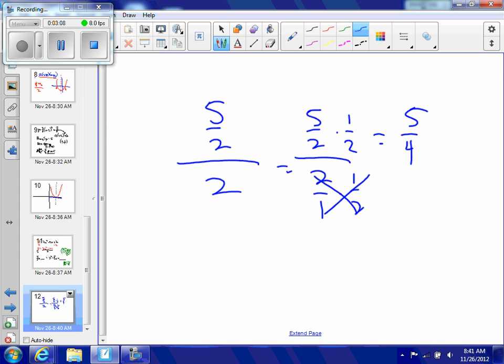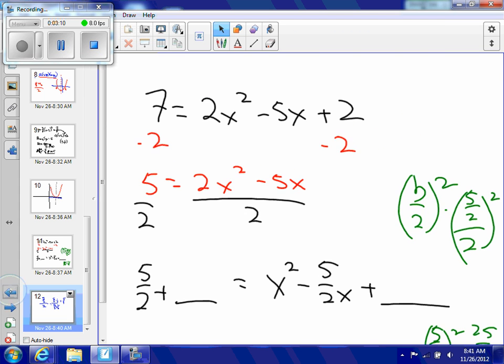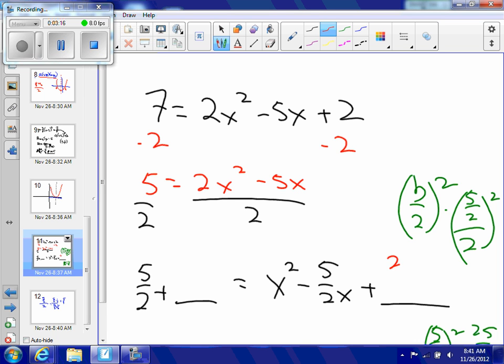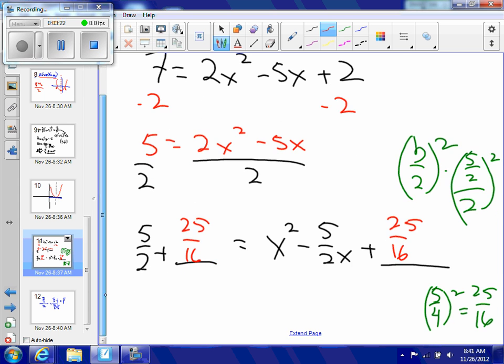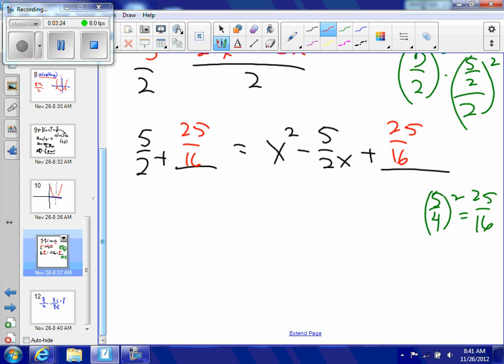Okay. Let's go back to here. So I'm adding 25 sixteenths to both sides. 25 over 16, 25 over 16. So now I'm going to make this into sixteenths by multiplying it by 8.